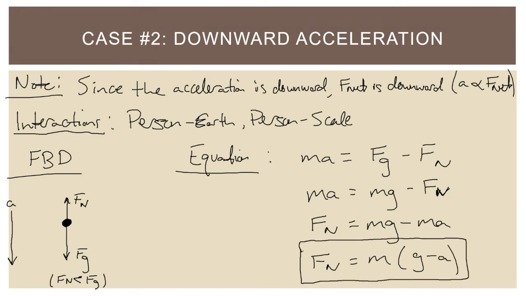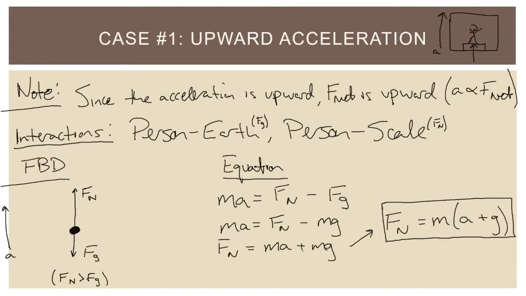So first of all, it should be pretty easy to see the pattern that emerges here with these equations. Notice this one for the normal force, the equation for the normal force is m times g minus a. And for upward acceleration, we have the normal force is m times g plus a. And it's easy to see why those equations make the normal force either larger or smaller than the weight.